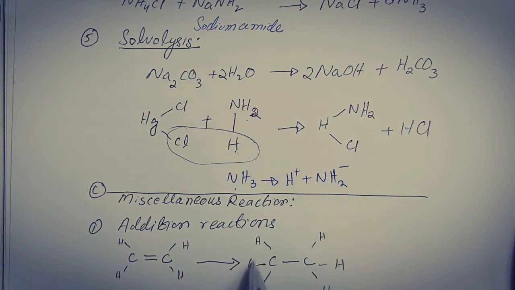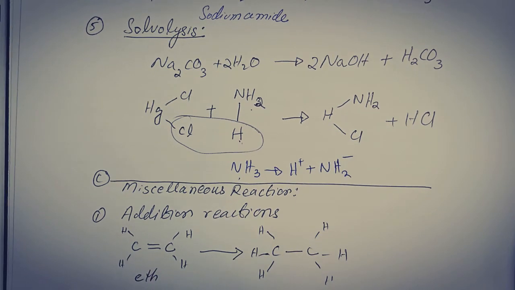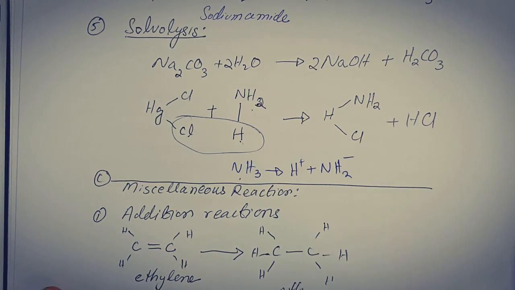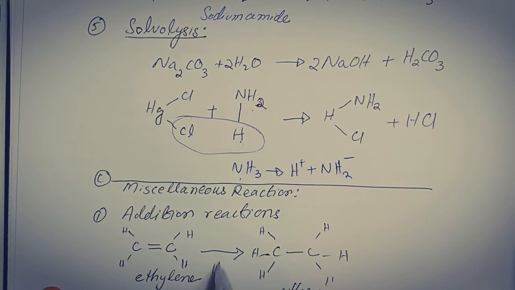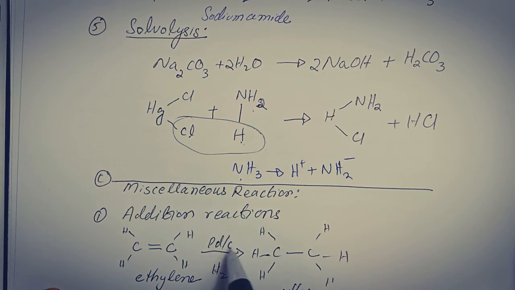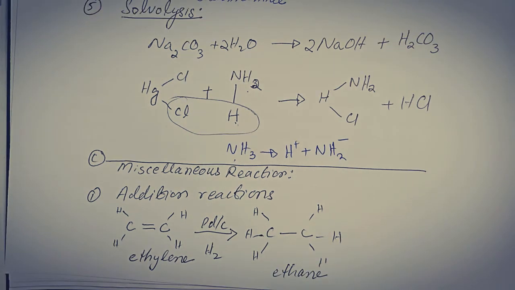So here ethylene is reduced to ethane through addition of hydrogen in the presence of a catalyst. So this kind of reaction is known as addition reaction.